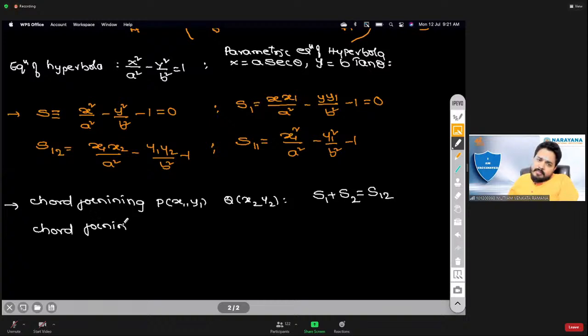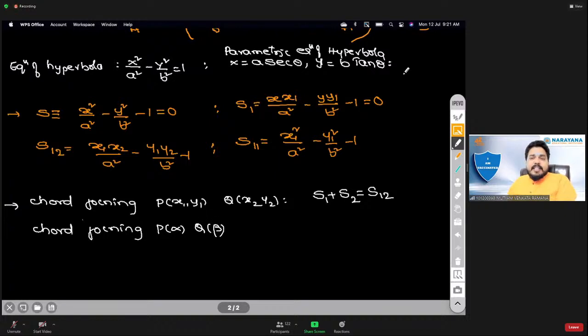Or the chord joining P alpha and Q beta. What is P alpha, Q beta? P alpha is (a secant alpha, b tan alpha).